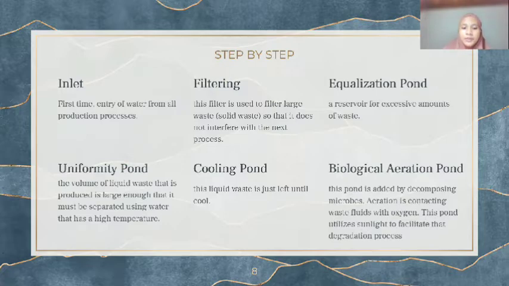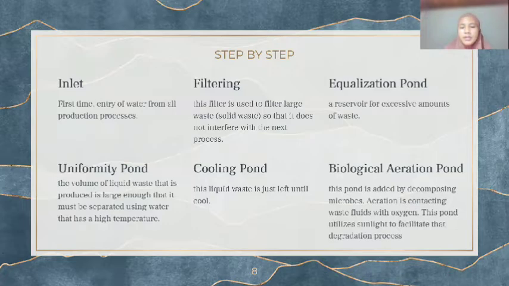Therefore, the processing must also be differentiated. And number 2, filtering. This filter is used to filter large waste or solid waste so that it doesn't interfere with the next process.